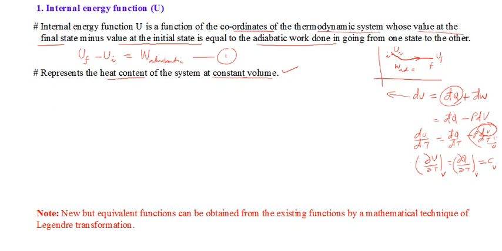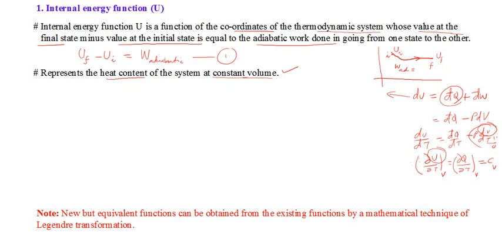So you can see that this Cv, which represents the heat content of the system under constant volume, is related to the internal energy. That is one reason why we say that the internal energy function represents, in a way, the heat content of the system at constant volume conditions.